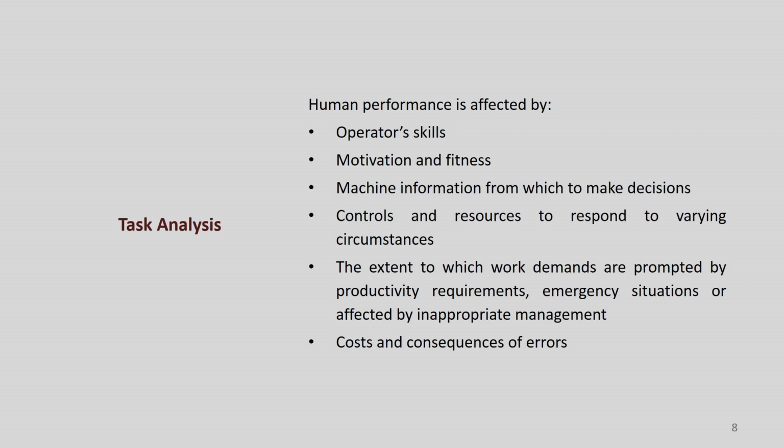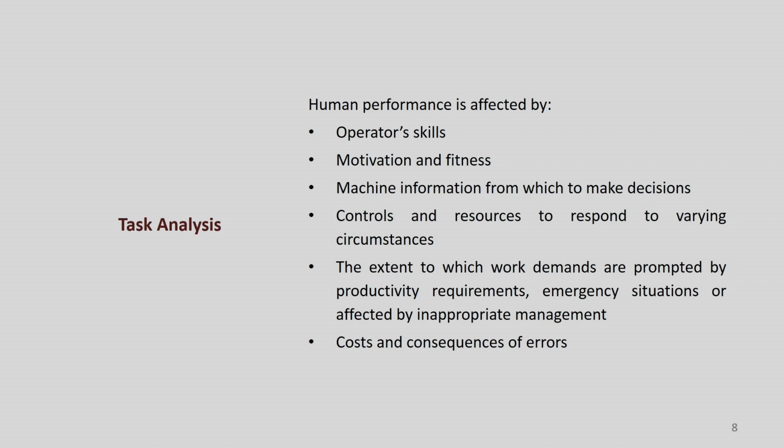Before I go into detail, I should know how human performance is affected when somebody is doing a task. Just follow all these points through the example I gave earlier, cleaning the room using a vacuum cleaner: operator skill, motivation and fitness, machine information from which to make a decision.